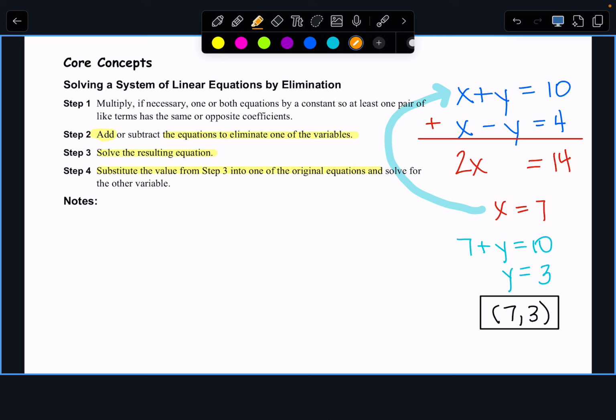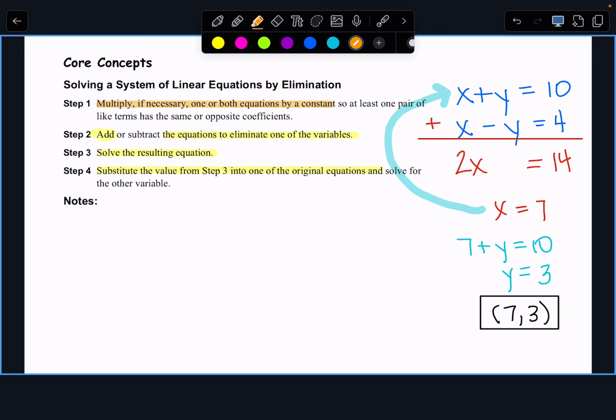If we don't have opposite coefficients, we are going to have to multiply one or both equations by a number to force that to happen. And I'll show you what I mean by that. Okay? But we may have to do a little bit of work before we can eliminate.